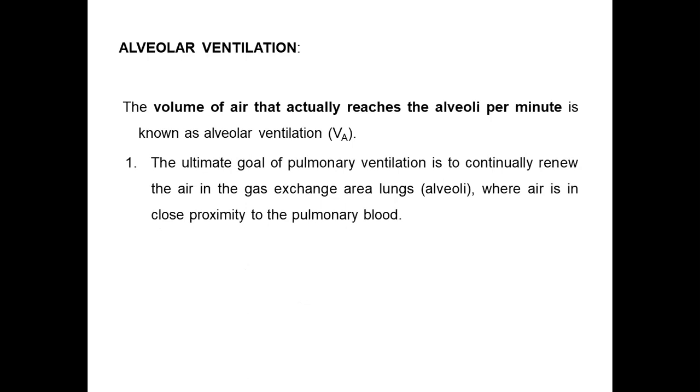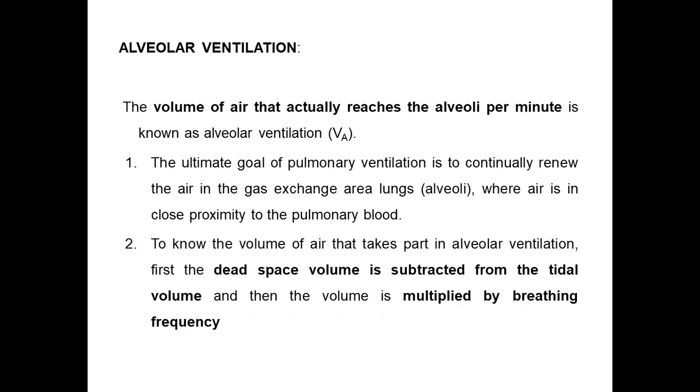If you remember the functional anatomy session, these alveoli are very close to the pulmonary blood vessels, so here the gas exchange takes place. The ultimate objective of ventilation is to deliver air up to the level of the alveoli. To know the volume of air that takes part in alveolar ventilation, you have to deduct the dead space volume from the tidal volume, and then multiply by breathing frequency.